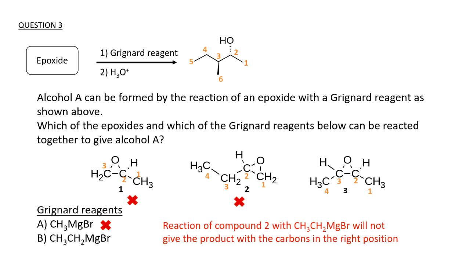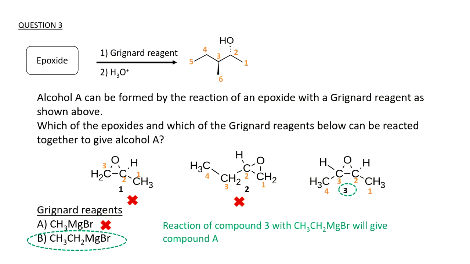So the answer would be epoxide number 3 and Grignard reagent B. Compound 2 would not give us the desired product. So compound 3 and ethyl magnesium bromide will give the desired alcohol.